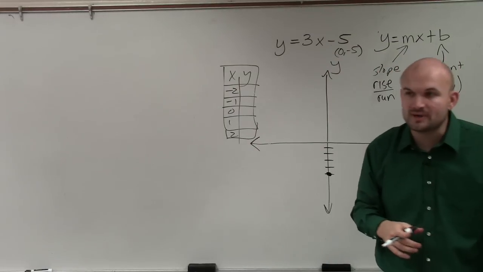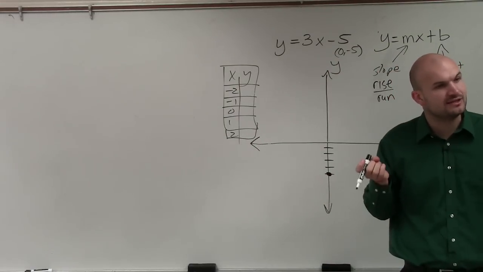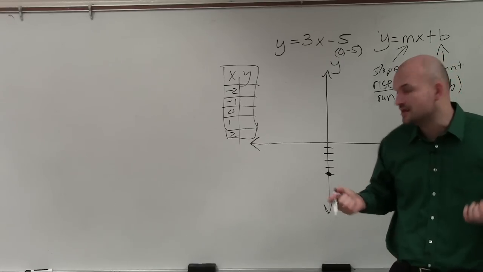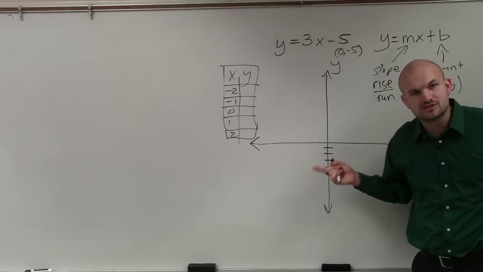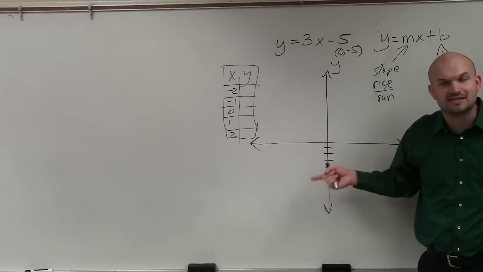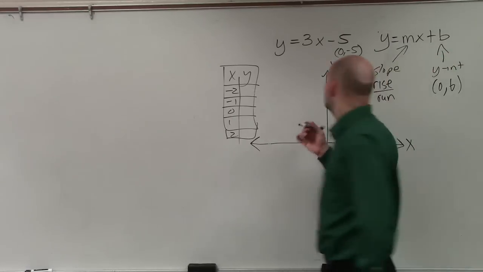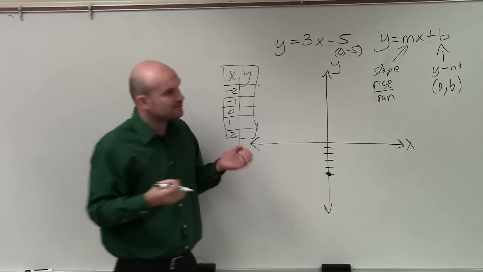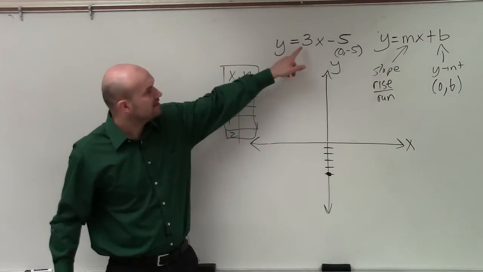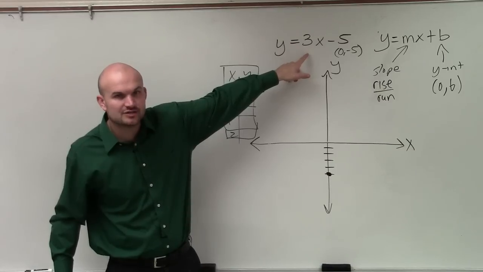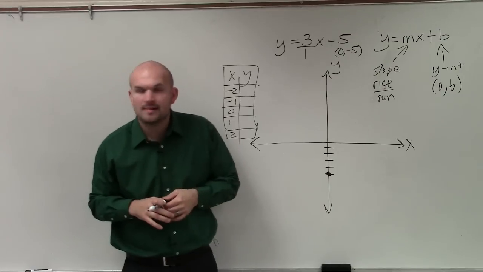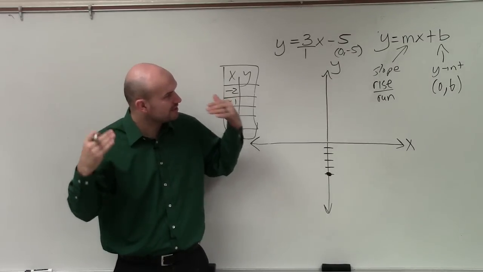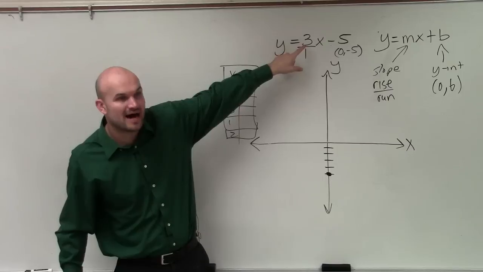Now, the slope, again, guys, is a ratio between the change between any 2 points. We only have 1 point. But we can use the slope to help us find the next point based on that ratio. So when you guys are looking at slope, remember it's a ratio. So you want a fraction. This is 3. This is not in fraction form. So to put it in fractional form, I'll put it over 1. Now, the change in the y values is +3.